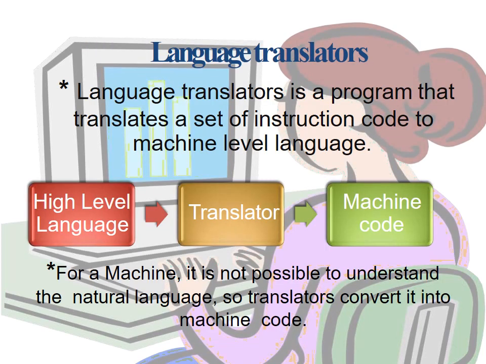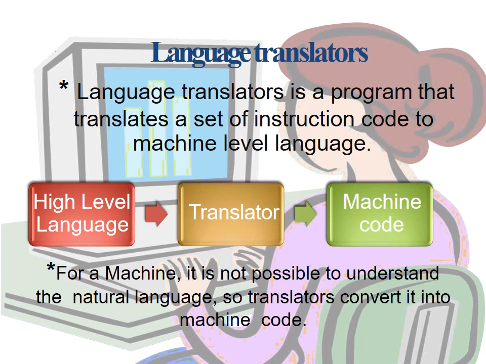Now next is language translator or language processor software. Programs can be written by using different programming languages. Computer programs written in any programming language are known as source code. But a computer can only understand binary language, so the programs written in other languages need to be converted into machine language.